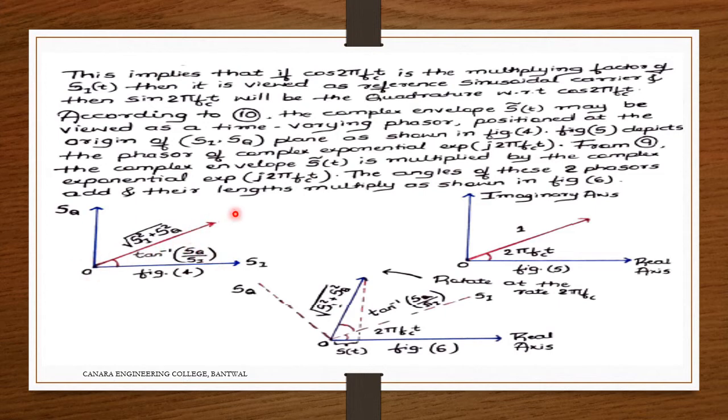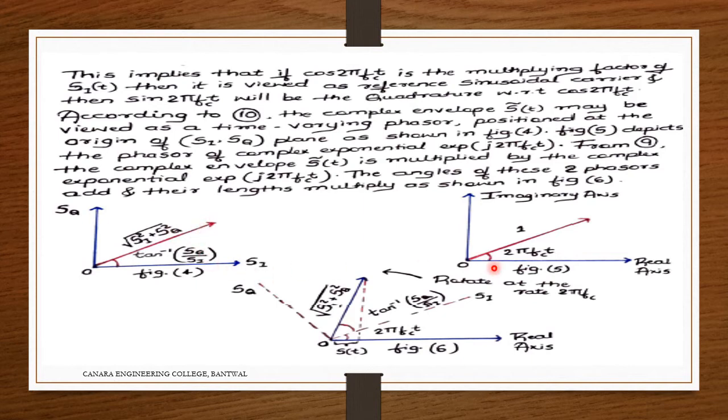For example, we can take the resultant as the magnitude, the square root of si square plus sq square, and that is the resultant. How do we get the resultant angle? We take sq by si, take its tan inverse, and that way we get this angle. And this is nothing but the time varying phasor.